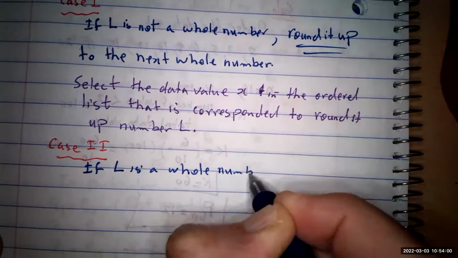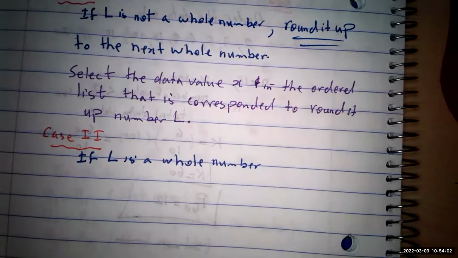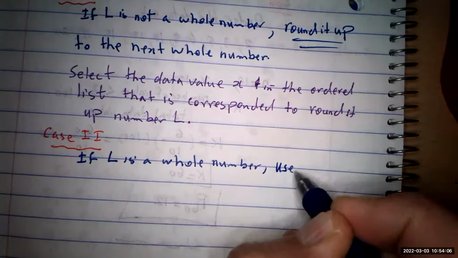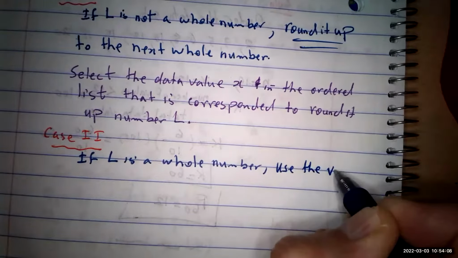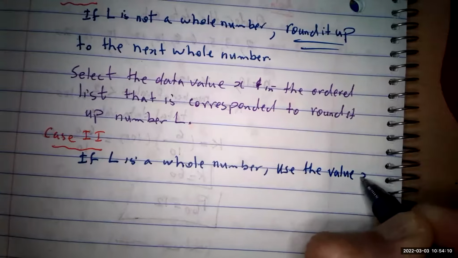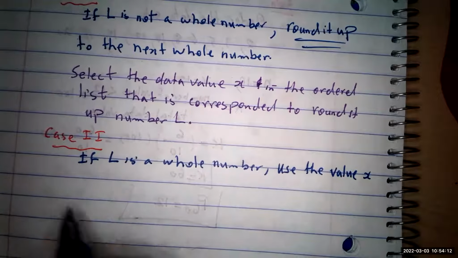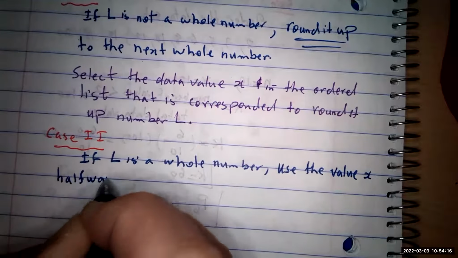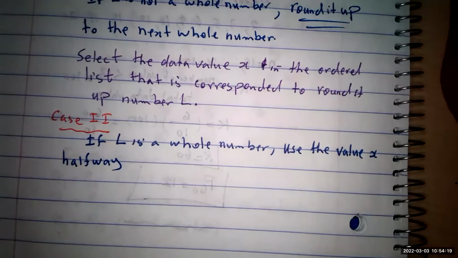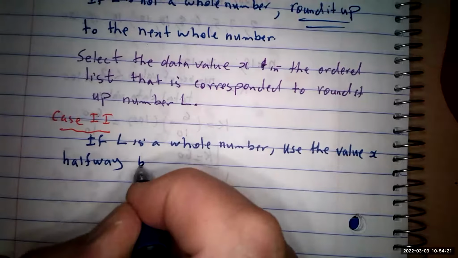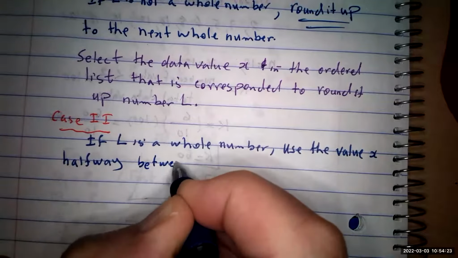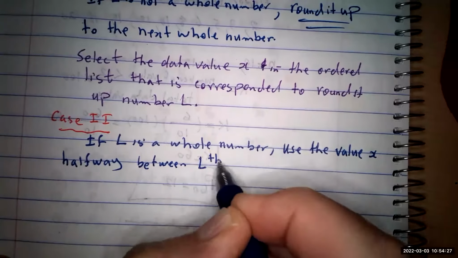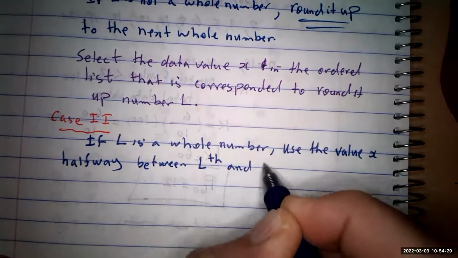If L is a whole number, you are going to use the value X halfway, meaning in the middle, between those two positions: the position of L and the position of L plus 1.